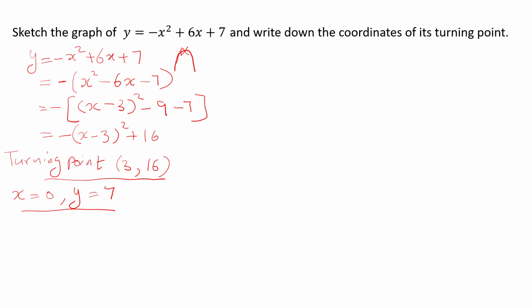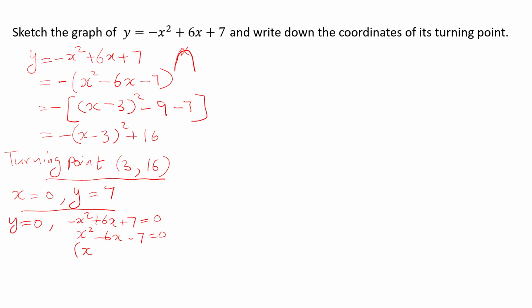Then find the coordinates of where the graph cuts the x-axis. So y equals 0. Find the x values. Negative x squared plus 6x plus 7 equals 0. I'm going to multiply by the negative sign, so x squared minus 6x minus 7 equals 0.